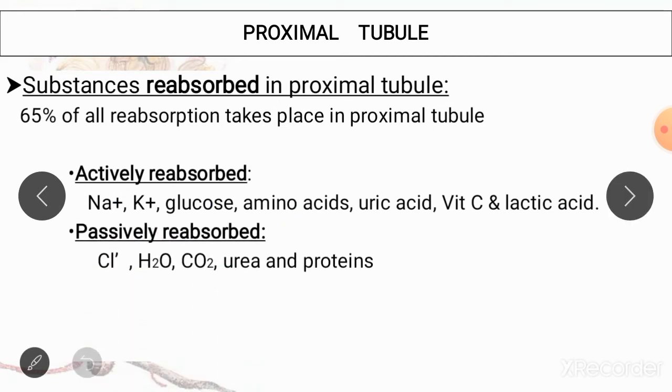And there is passive reabsorption of chloride, water, carbon dioxide, urea, and some proteins which are filtered in the Bowman's capsule. You must remember that chloride is transported along its electrical and chemical gradient, as we discussed before.